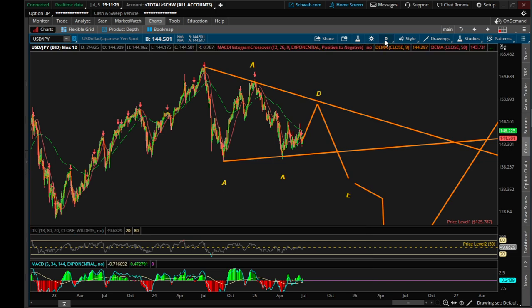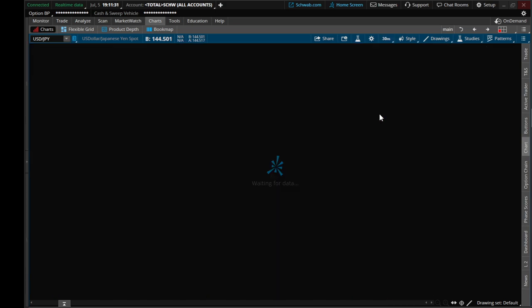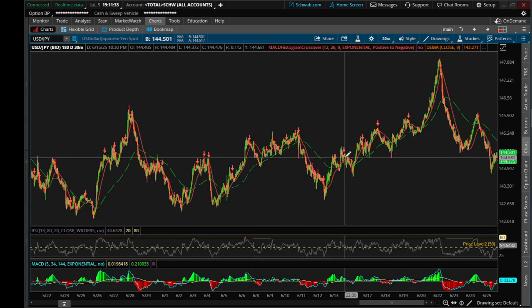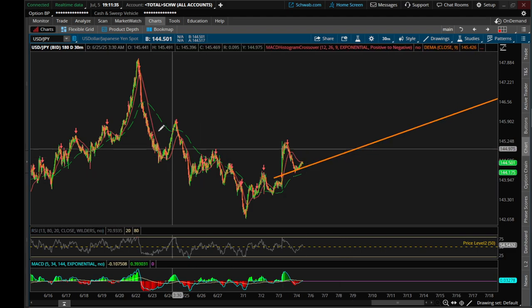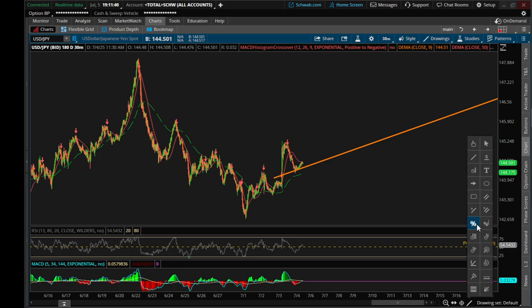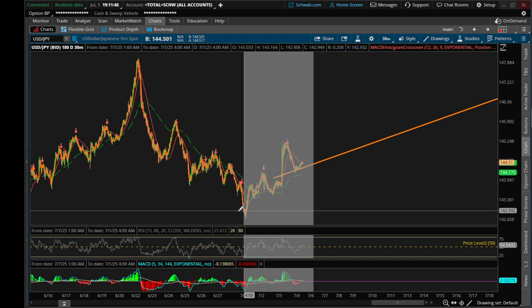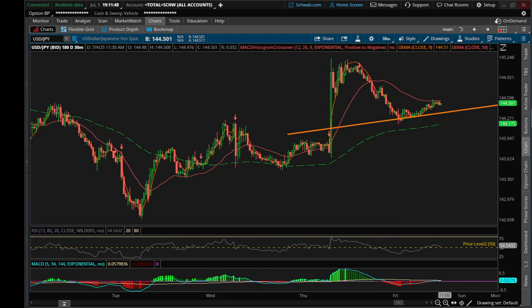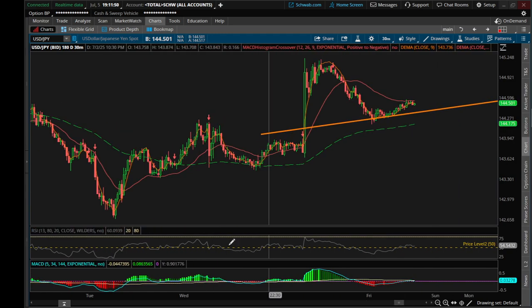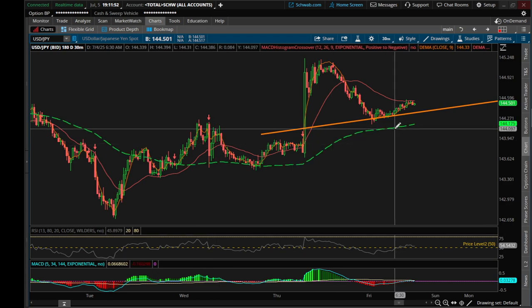Let me zoom in on the 30-minute time frame real quick. You can see here we already have 3 moves. We have a retracement. Let's zoom in on this move real quick, see if we can figure out its next move on a 30-minute time frame.